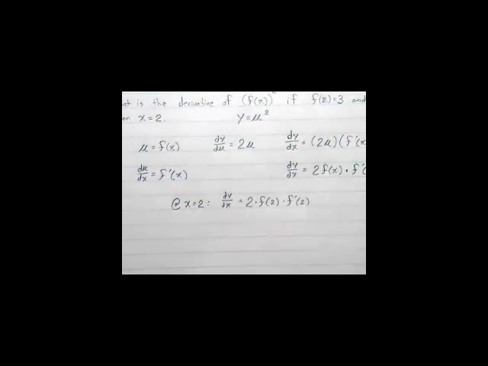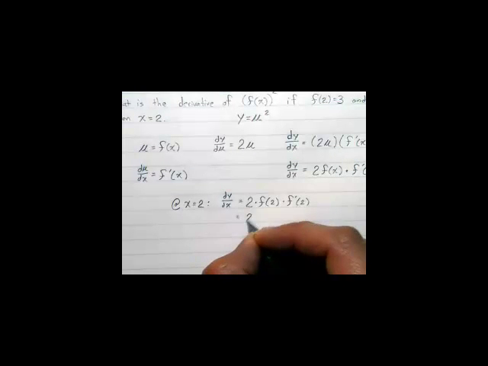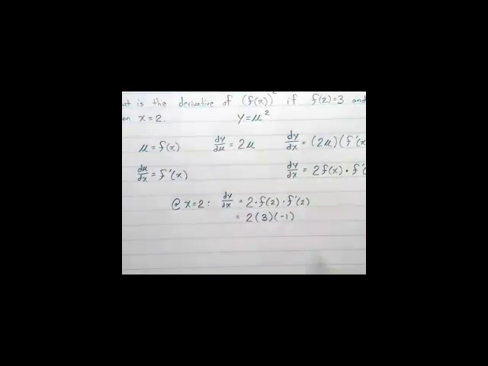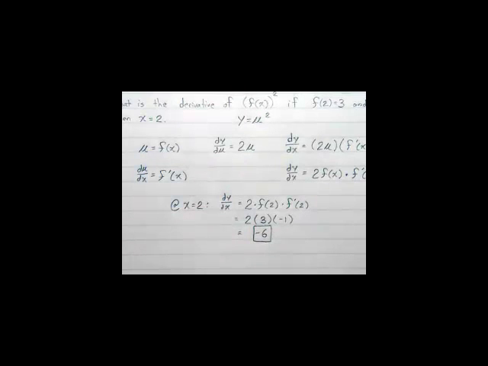So then I can just do f of 2 is 3, f prime of 2 is negative 1. So this becomes 2 times 3 times negative 1, so negative 6. So I can actually get a value for the derivative, even though I didn't know what the original function was, simply by knowing this little bit of information up at the top here that I gave you.